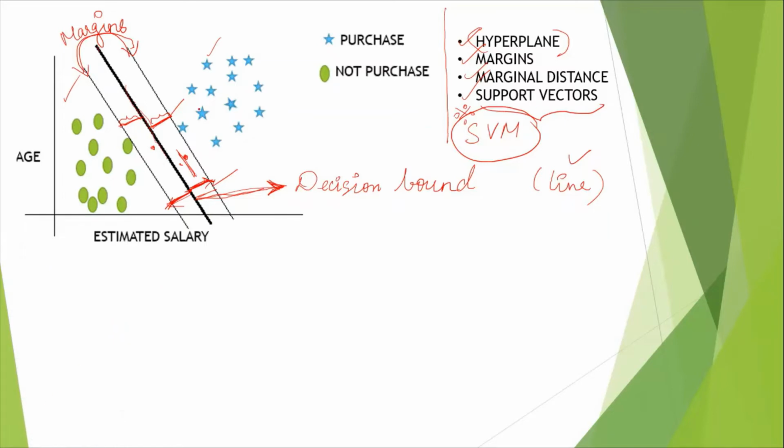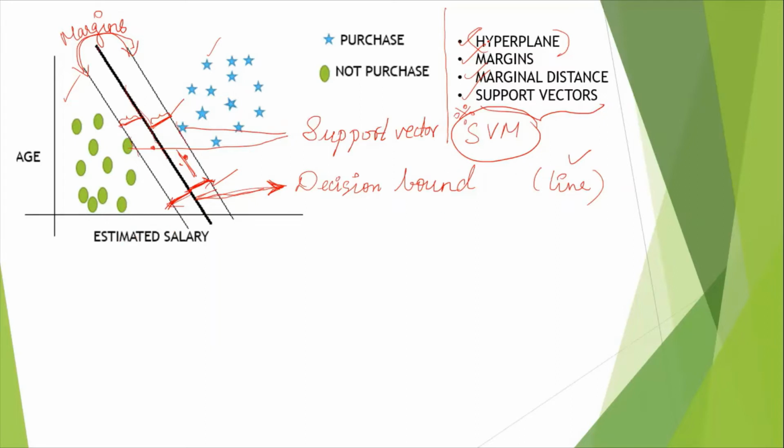Support vectors are the points that represent the class, okay? They pass through or are much closer to the margins. These two are called support vectors. These two points support the classifier in drawing margins, and based on the margins, this boundary will be formed.